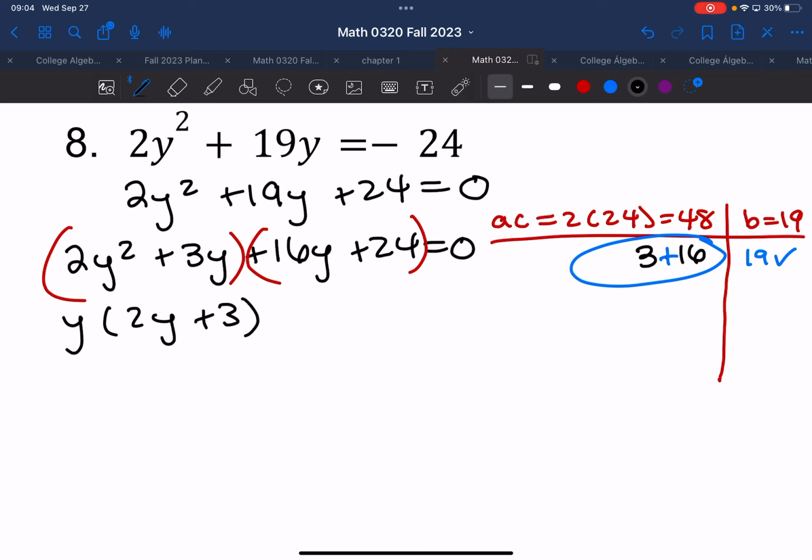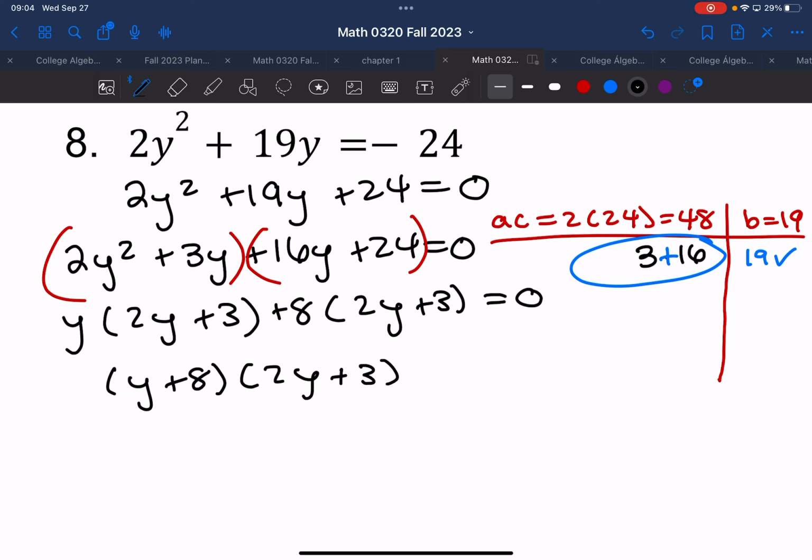And then from 16y plus 24, I can take out an 8. And I'm left with 2y plus 3. Remember, I want those parentheses to be exactly the same. So that leaves me with the factors y plus 8 and 2y plus 3 is equal to 0.